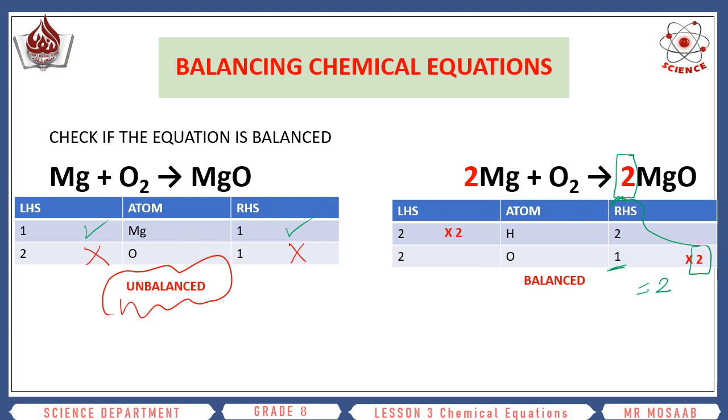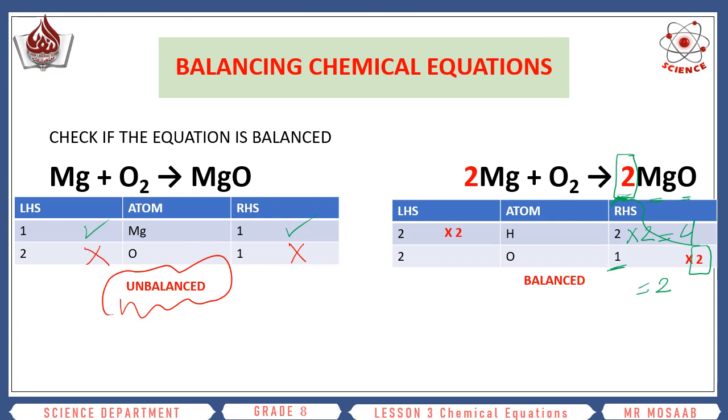Then by adding 2 as a coefficient here in MgO in the products, does it change only magnesium or oxygen and magnesium? Of course it changes both of them. So we must multiply magnesium with 2. So in total we will have here 4 magnesium atoms.